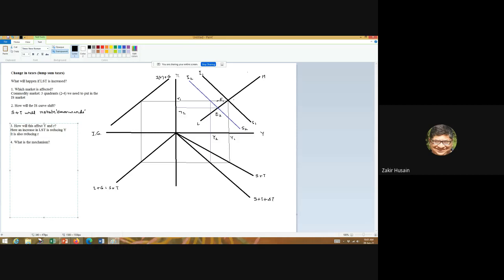Okay, so initially what happens is that when lump sum taxes is raised, your aggregate demand contracts, and there will be, yeah, so what will there be? Excess supply. There will be excess supply.